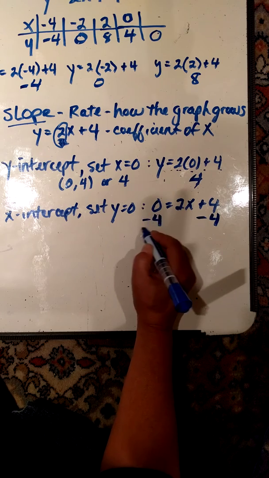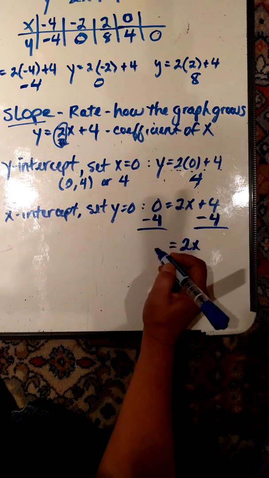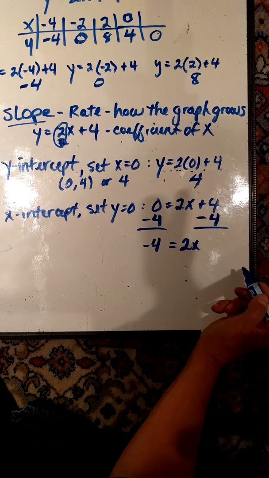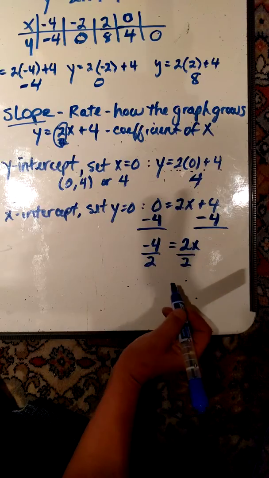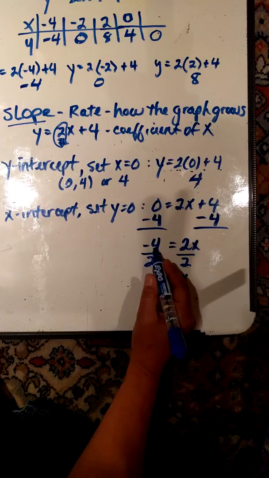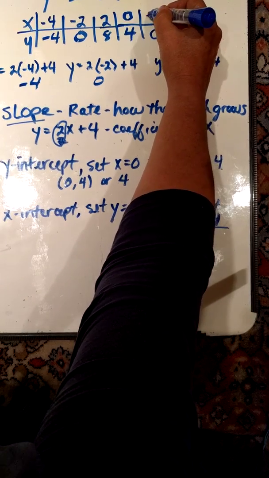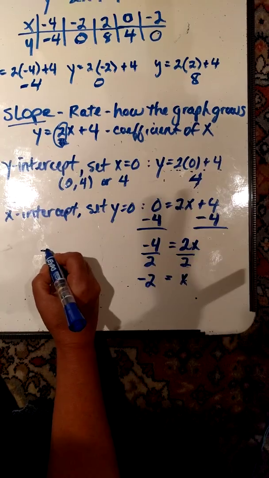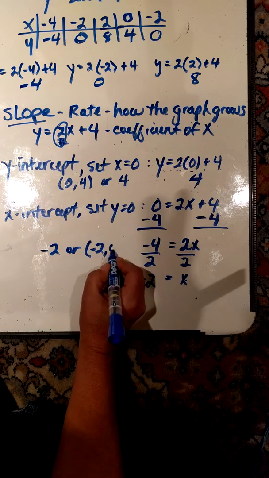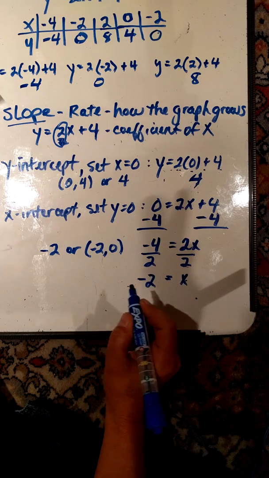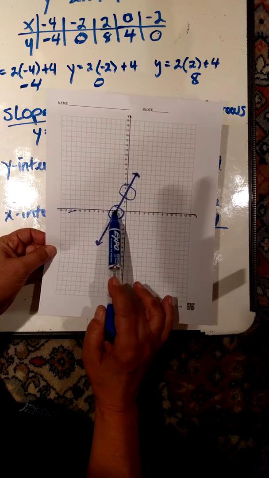I'll bring down the 2x equals 0 minus 4, which is negative 4. Then, to get x alone, I divide both sides by 2. x equals negative 4 divided by 2, which is negative 2. So my x-intercept is negative 2, or you can say negative 2, 0. If we look at our graph, where are we crossing the x-axis? It's at negative 2, 0.